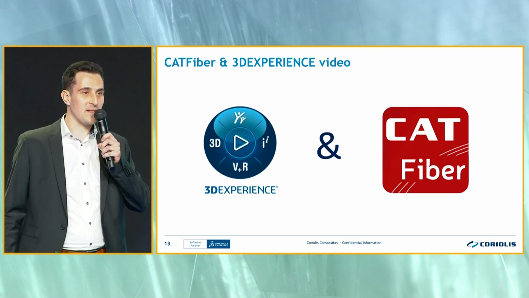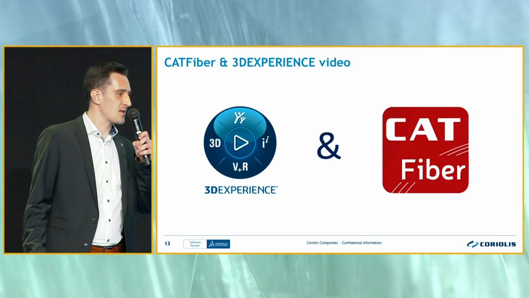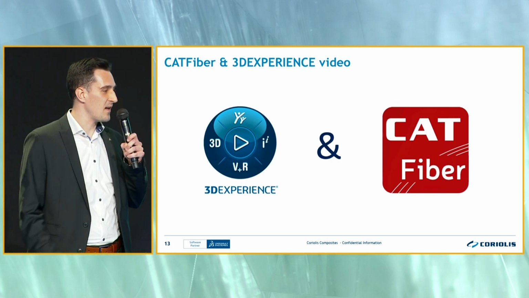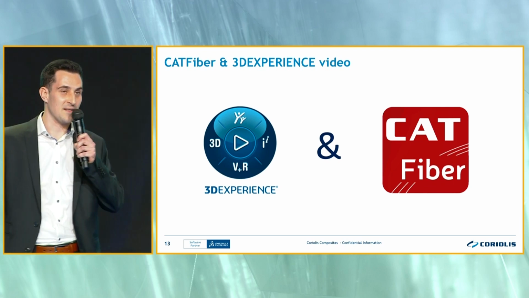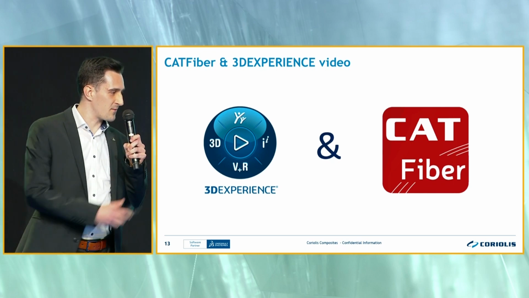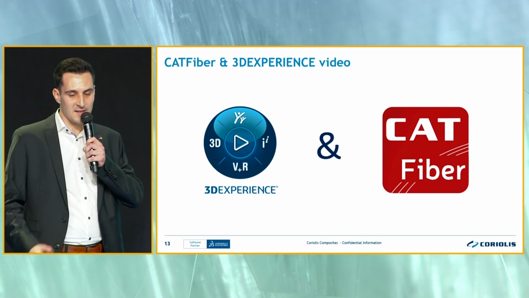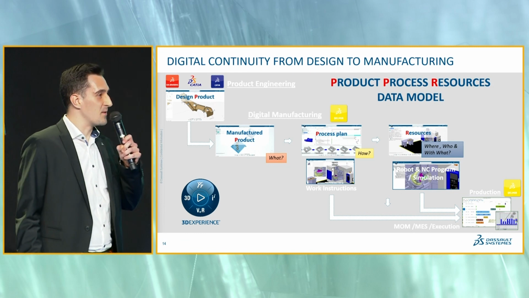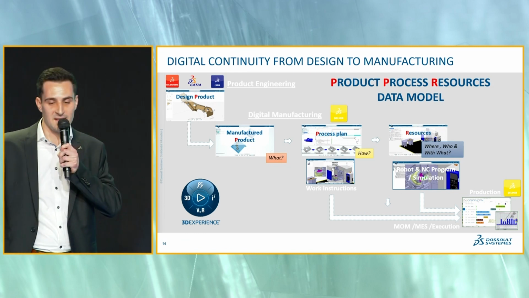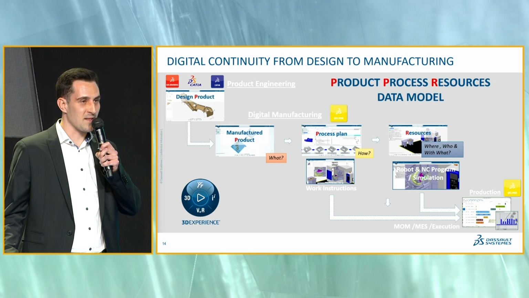So how do we treat the information coming from CATIA, so from the design side, and how can we keep track on the side from resources and machine programming from Coriolis? This is being done in the Delmia PPR data model, and what PPR means is basically product, process, and resource.